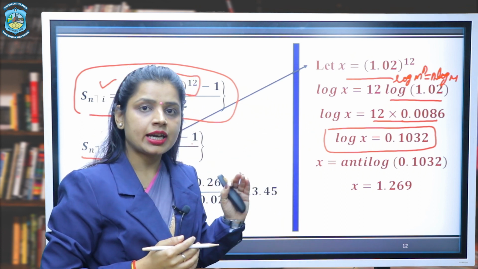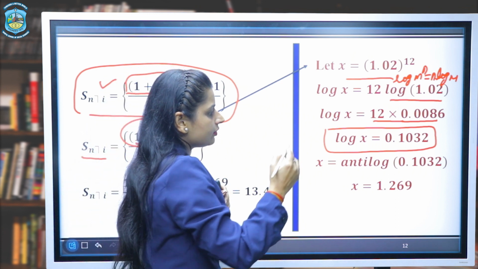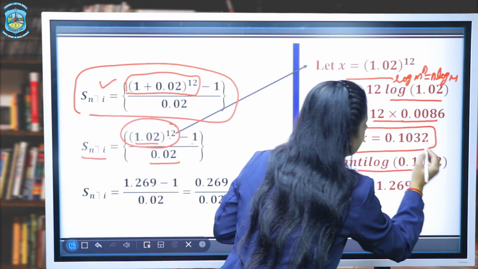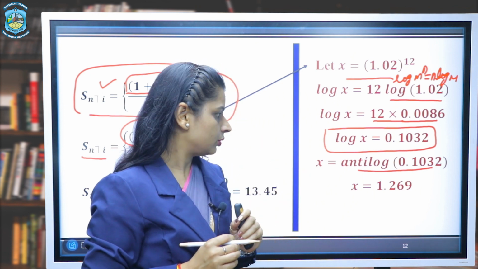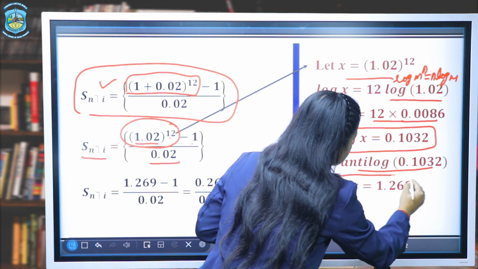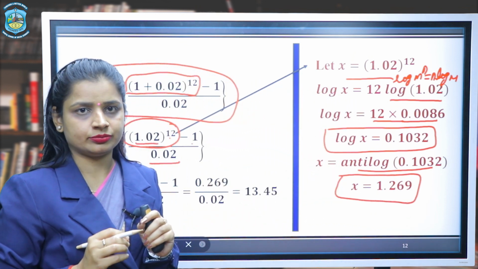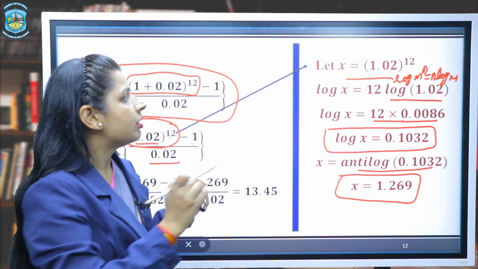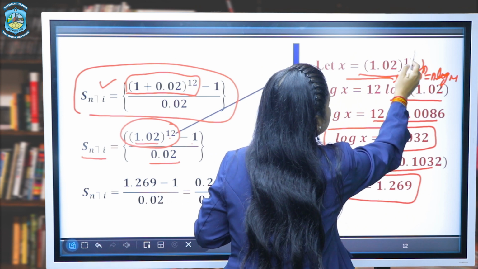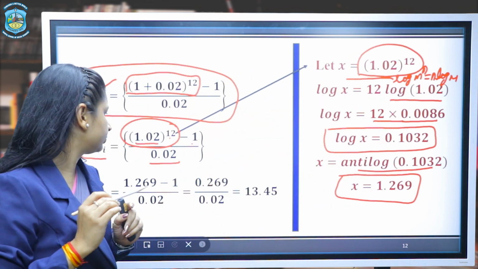To find x, we take the antilog on both sides and substitute the antilog of 0.1032. So we get this quantity x as 1.269. Now we can substitute the value of 1.02 to the power 12 as 1.269.